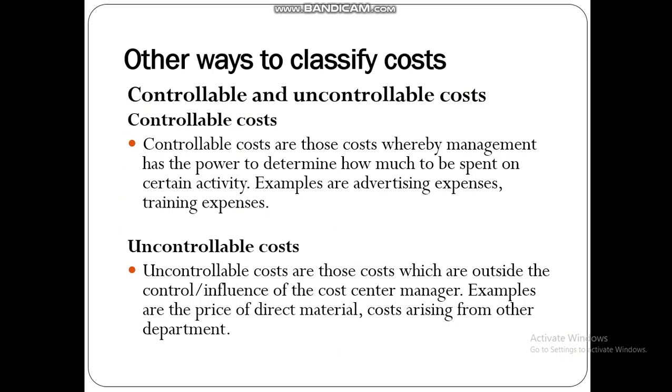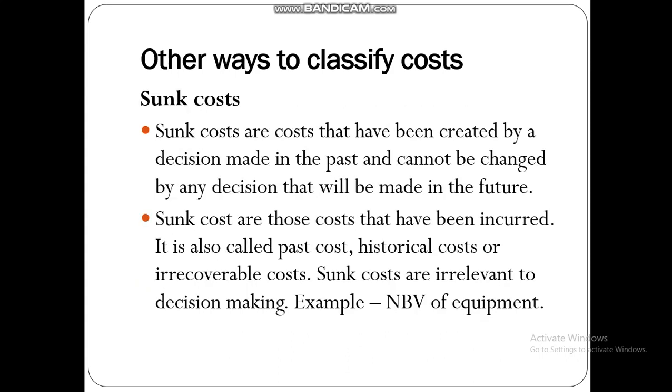Uncontrollable cost means the cost that is influenced by outside parties, such as the price of direct material controlled by the supplier or the market, and rental controlled by the landlord.